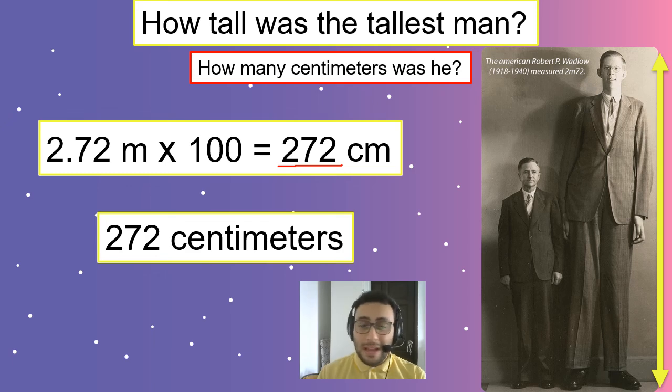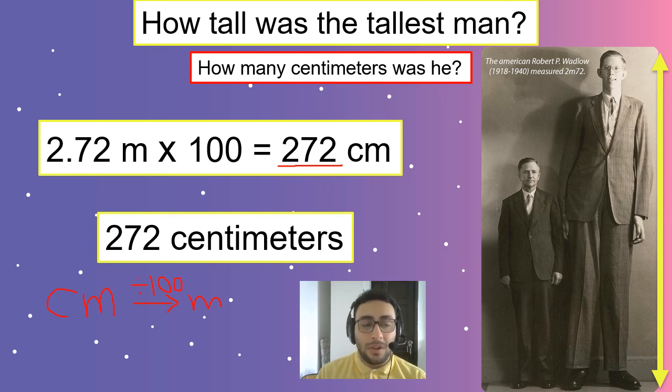I don't want to be that tall because then I cannot sleep on a bed. I cannot sit in a car. He is too tall. So guys, remember, when you want to turn centimeters into meters, we divide by 100.